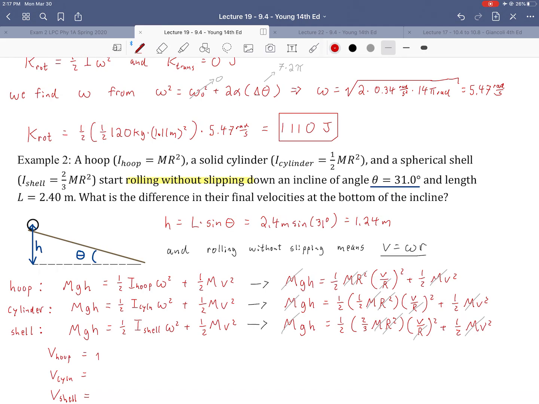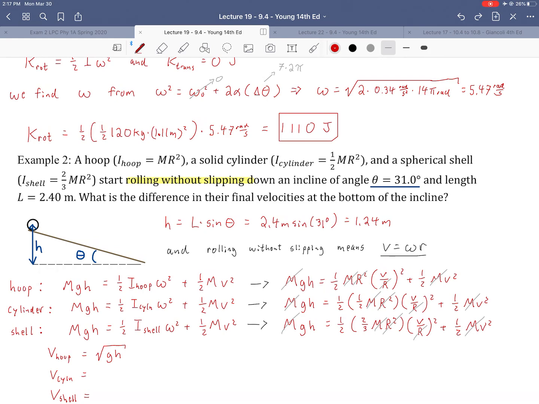Okay, solving each of those, for the hoop we simply get the square root of GH. And you can see why, right? Shouldn't it be 2GH? No, not 2GH, because we have a 1/2 plus a 1/2, and so that just becomes 1.